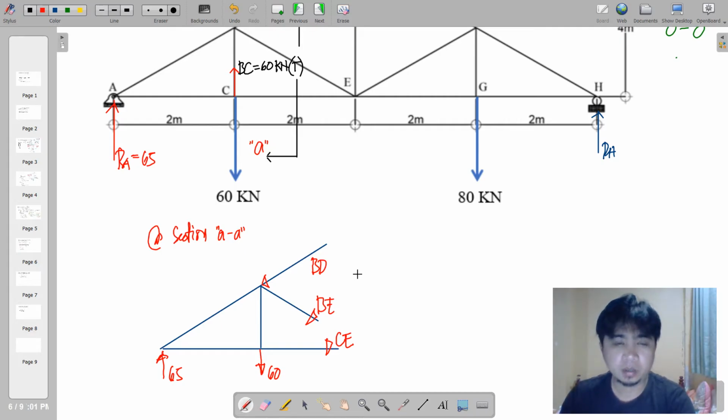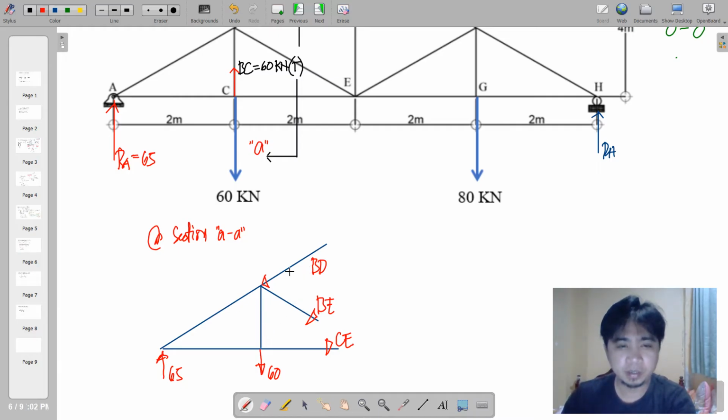Now, the technique here in the method of sections, or what we call equilibrium of non-concurrent forces, is to get a point wherein you can intersect two unknowns and then solve for the other one.